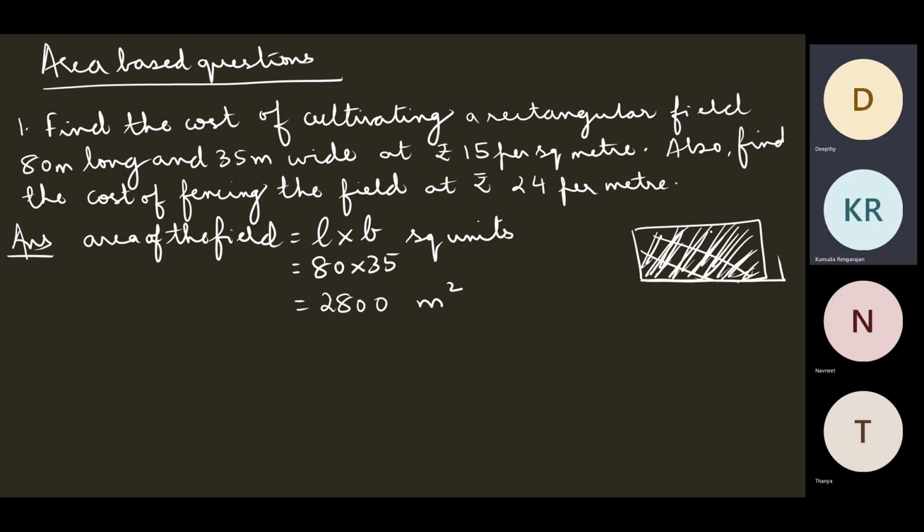So inside meaning area of the field, right? Yes, ma'am. Now, what is the cost of cultivating for 1 square meter? Ma'am, 15 rupees. So then for 2,800 square meters will be? Ma'am, 2,800 into 15. Very good. Please work that, all of you.